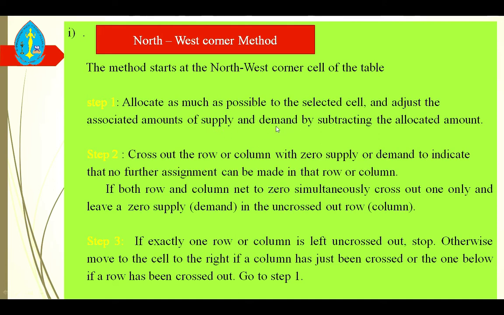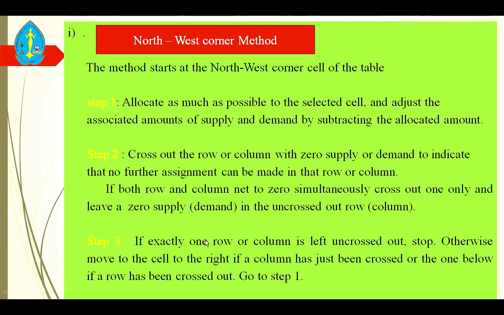You choose the northwest corner cell of the table and replace the supply and demand by subtracting the allocated amount. Cross out the row or column with zero supply or demand to indicate no further assignment can be made in that row or column. If both row and column net to 0 simultaneously, cross out only one and leave a zero supply or zero demand in the uncrossed out row or column.